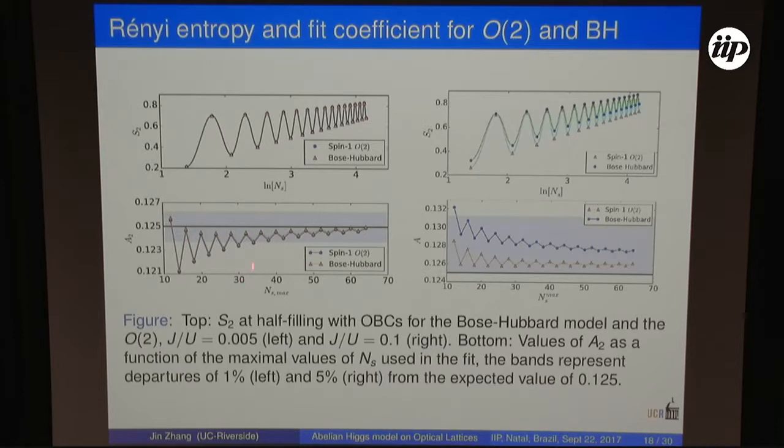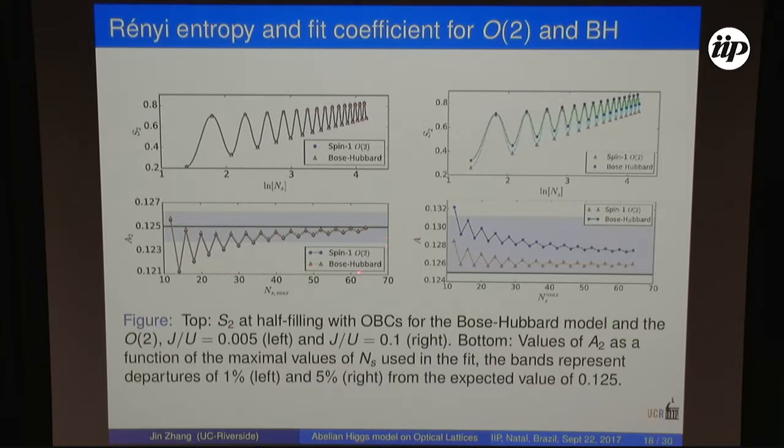So next, we want to see how big a system we should prepare in the experiment. So we plot this graph. Here Ns max is the maximal lattice length we used to fit this data. For this graph, J over U is very small.